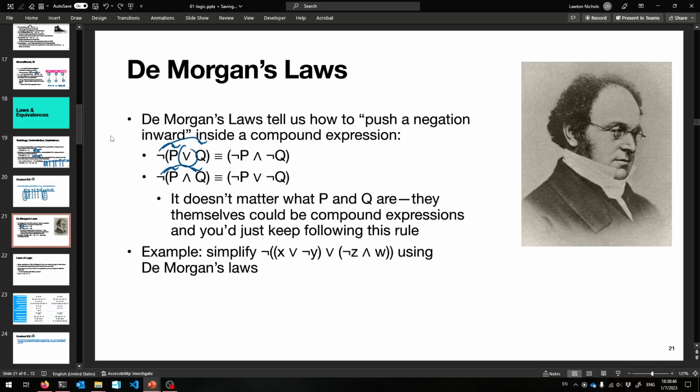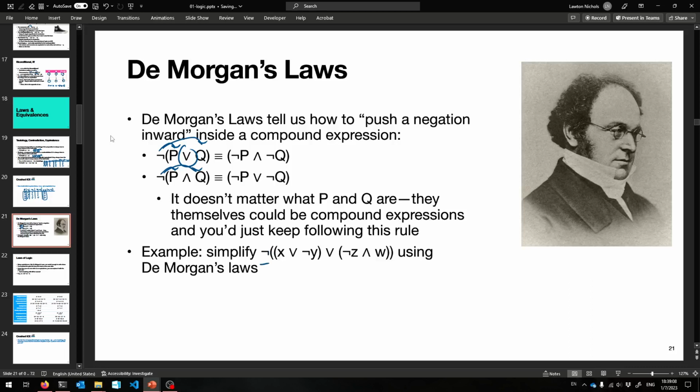So here's an example. Let's simplify this big statement using De Morgan's laws, and let's consider it simplified once the negation is right next to the variables. Okay? So, first of all, you have to figure out what's going on here, like follow all the parentheses. Let's first push this negation inward, and notice what's happening.